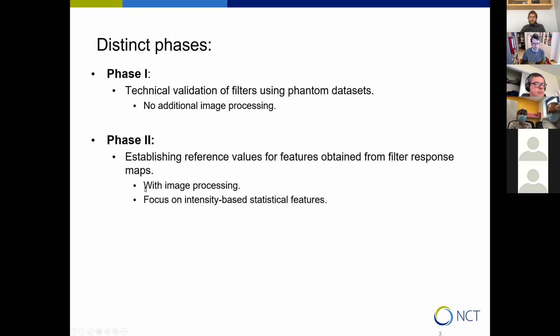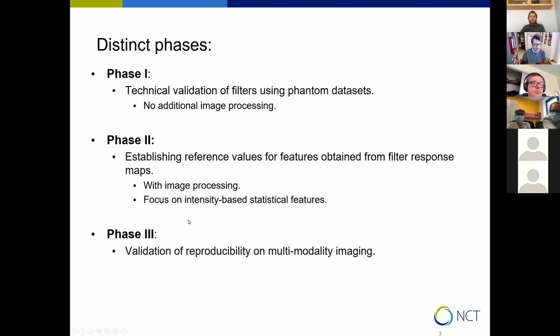This will involve image processing and the entire pipeline, and we will focus mostly on statistical features, because otherwise the submission sizes get a little big and complicated. This eases the workload. And in phase 3, we'll again validate whether what we did leads to an increase in reproducibility.